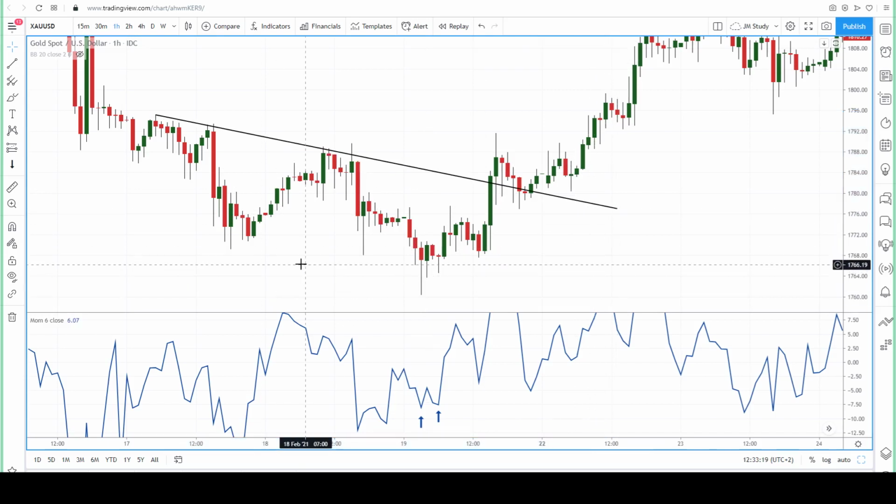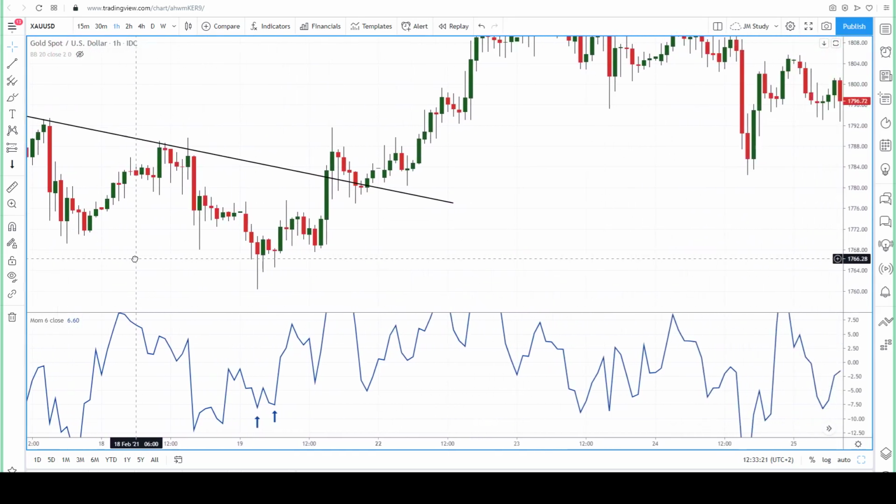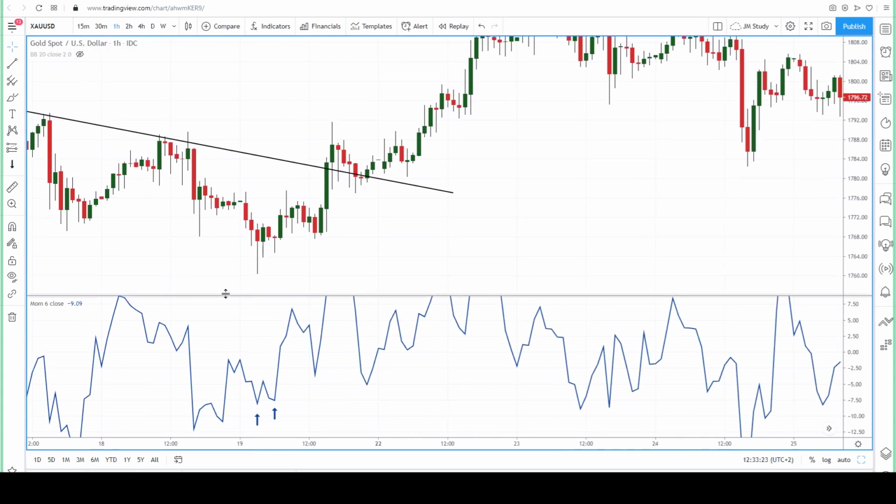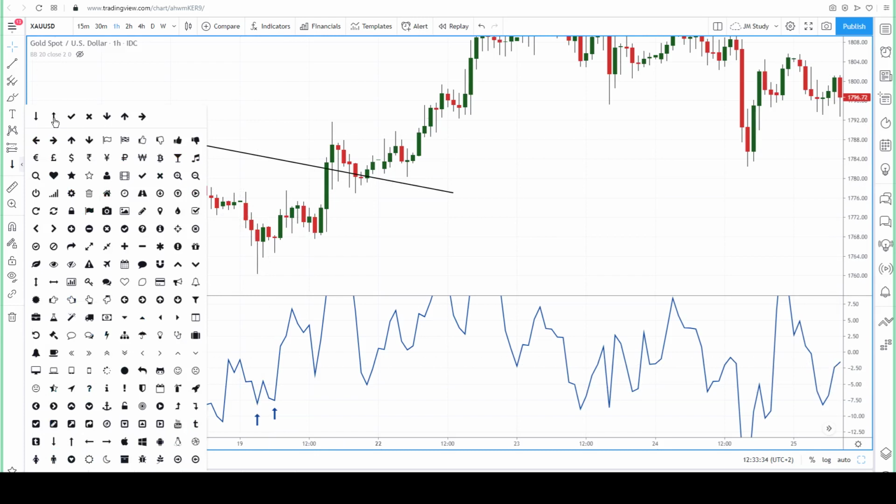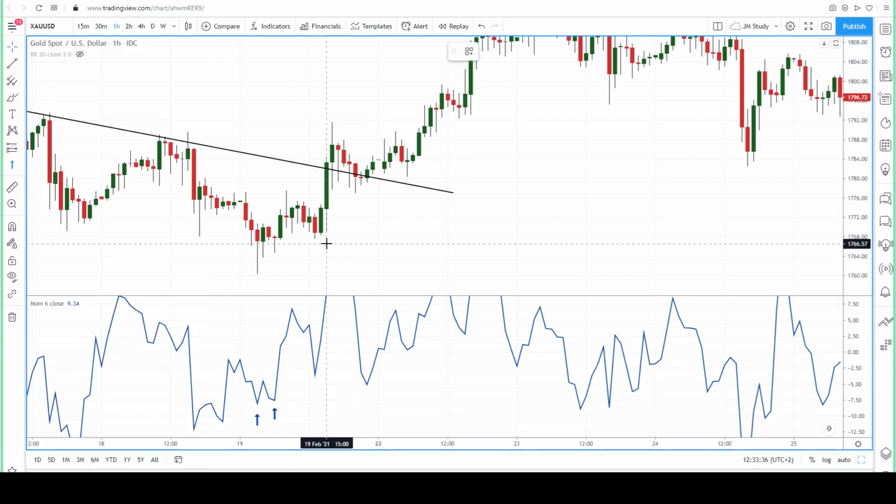So looking at this point here, let's focus on it again. We have higher lows in the indicator and we need the trend line break. So the trend line break comes here actually. We have price moving above the downward pointing trend line, and that is the long entry, the buy signal as per this approach.